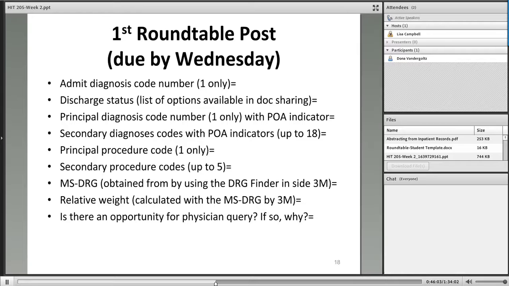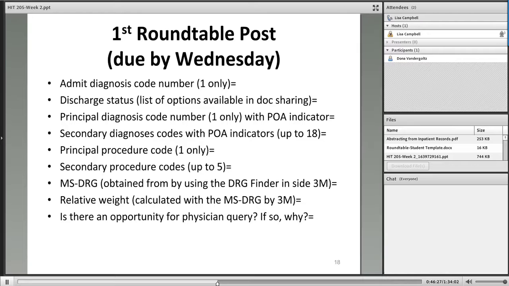Letter F, what do we do if the original treatment plan is not carried out? Letter D, complications of surgery and other medical care. H, uncertain diagnoses. I, admission from the OBS unit. And J, admission from outpatient surgery. And lastly, K, admissions and encounters for rehabilitation.